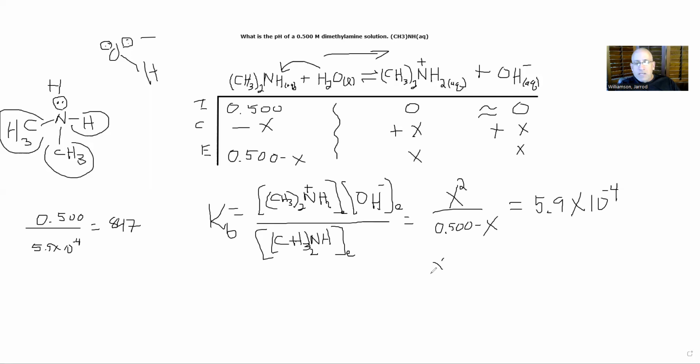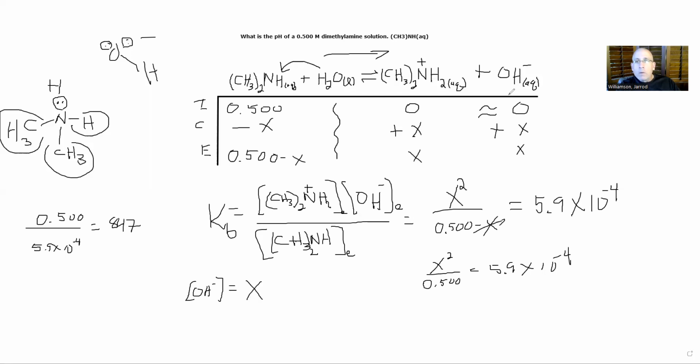So I end up with x squared over 0.5 is equal to 5.9 times 10 to the minus 4, if I use the x is small approximation. When I'm done solving, multiplying both sides by 0.5 and taking the square root, I will get the hydroxide ion concentration is equal to x.